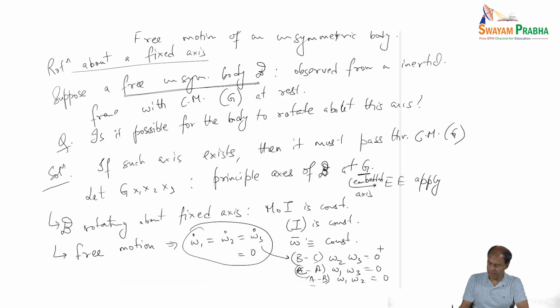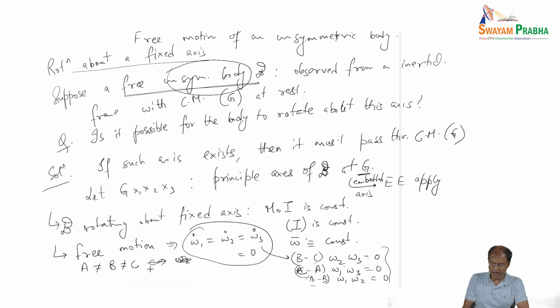Since this is an asymmetric body, we expect that A is not equal to B is not equal to C, and so the conclusion is that either omega 2 and omega 3 are 0 and omega 1 is constant, or the other two sets of assumptions.